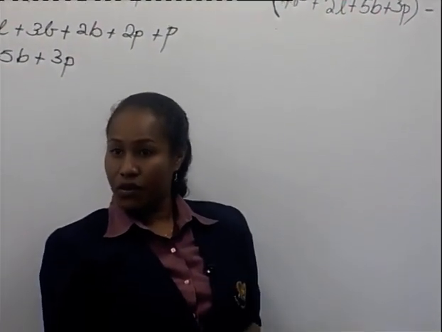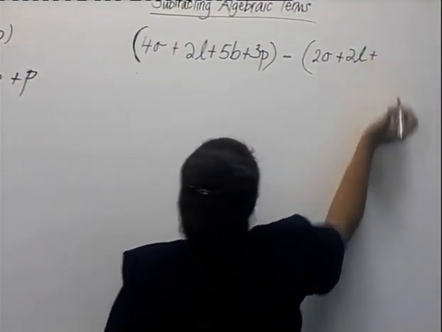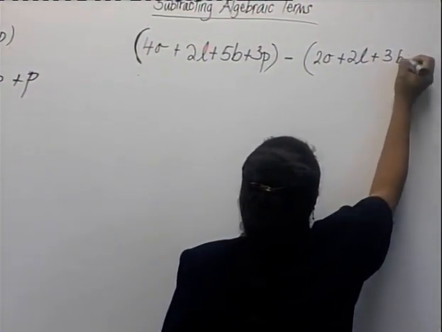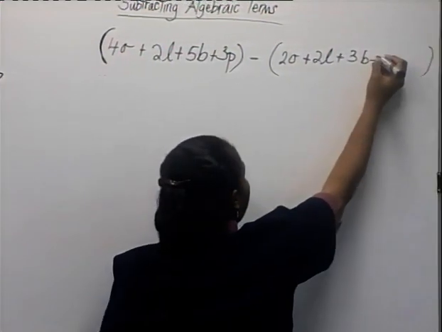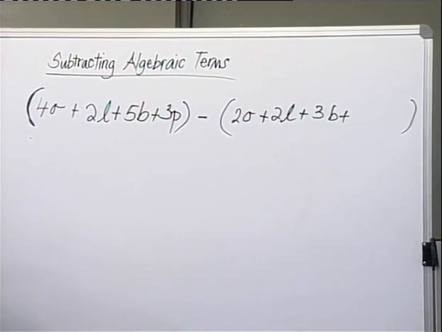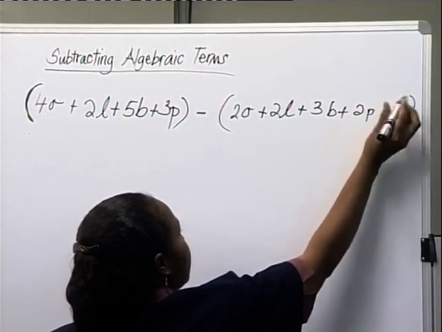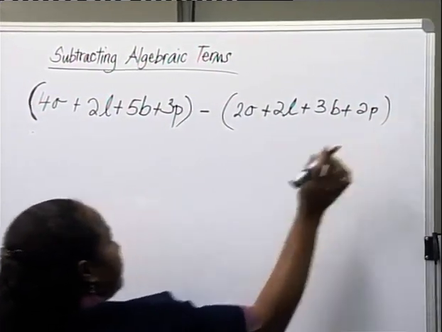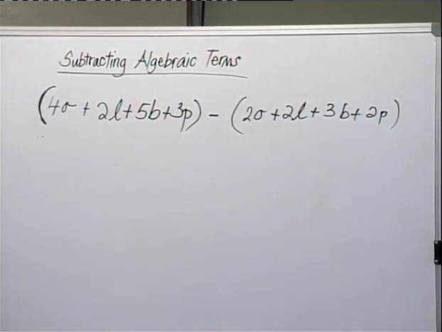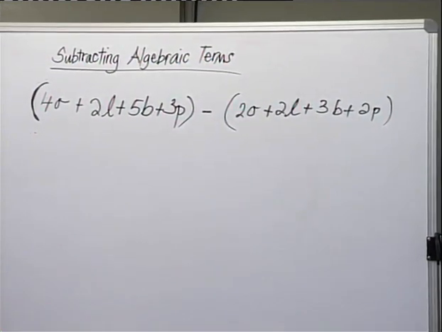How many lemons walked out? 2 lemons. And how many peanuts walked out? 2 peanuts? If you are giving me the wrong answer, that means you were not watching carefully. So those are the types of fruits that we brought out from the main group.